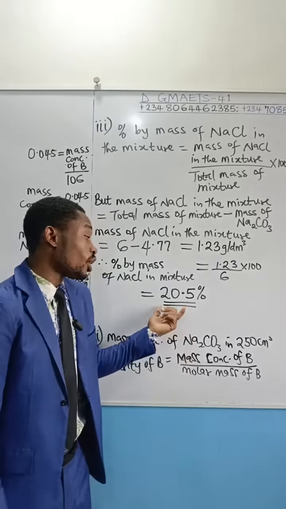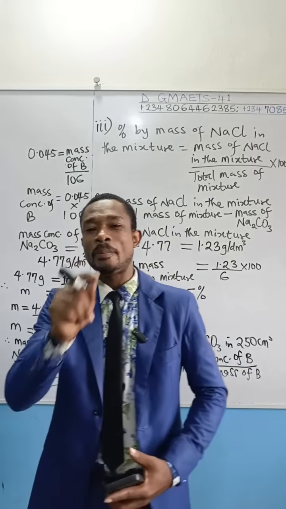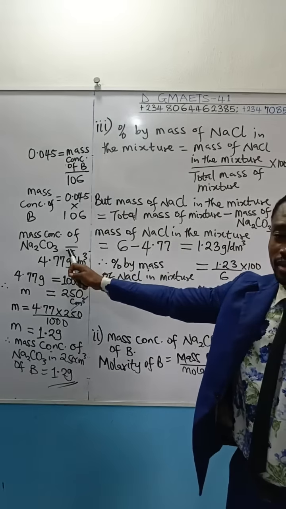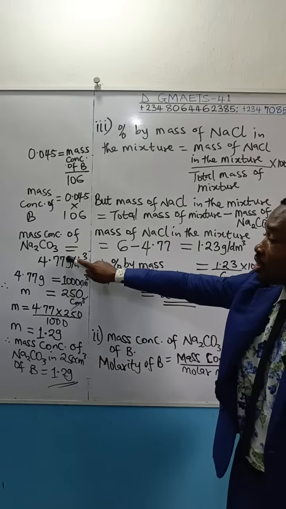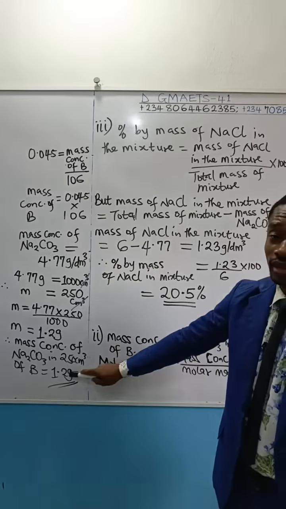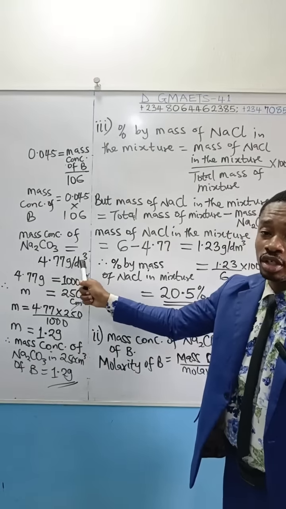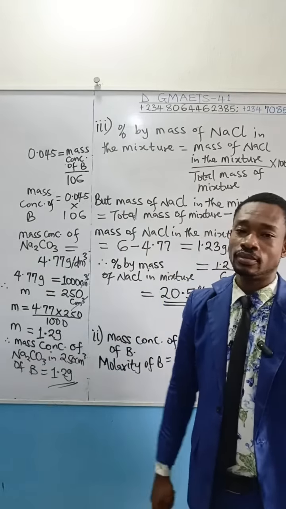So with this, we can also find the percentage purity. Percentage purity now is simply the percentage by mass of this sodium carbonate, not of this one, of this particular value, because this is the value in 1 dm cube solution, which agrees to that 6 gram per dm cube.